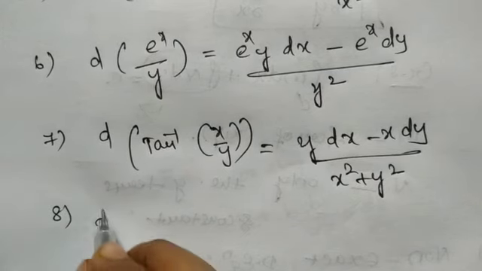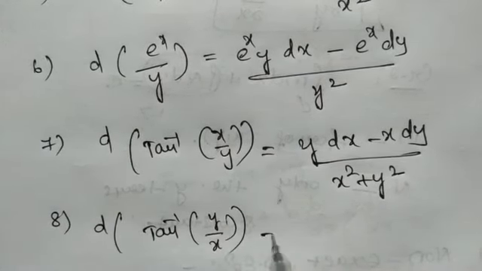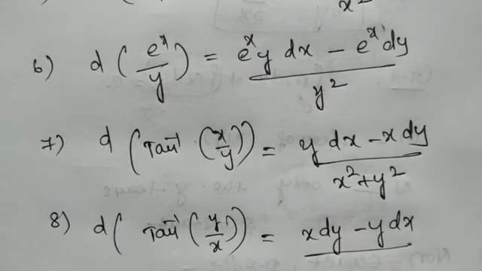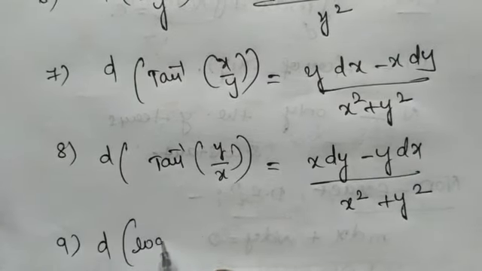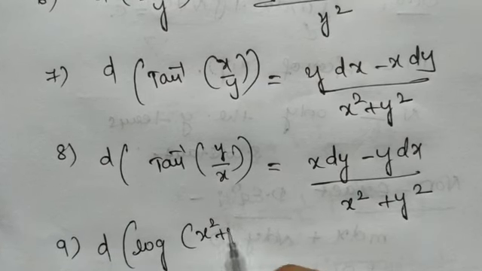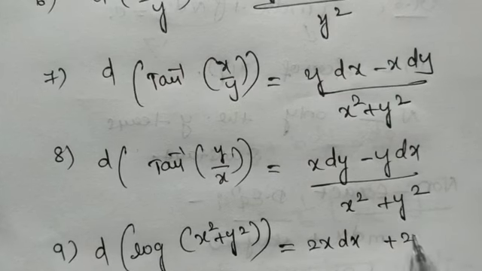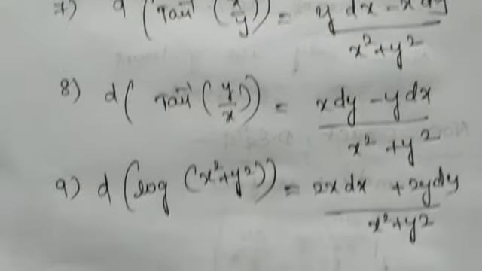Next, d of tan inverse y by x equals x dy minus y dx by x square plus y square.